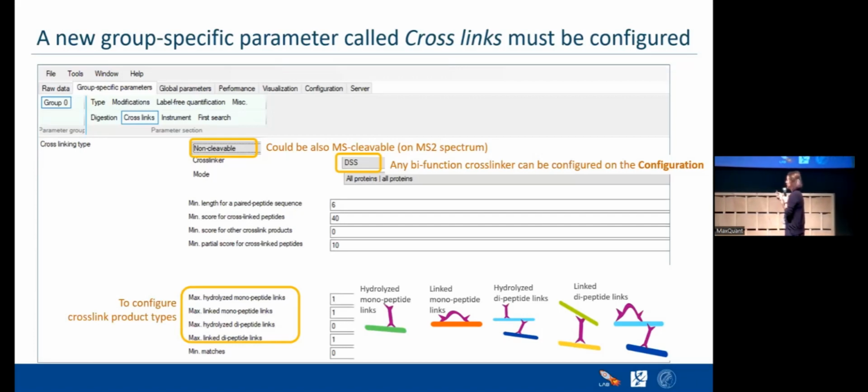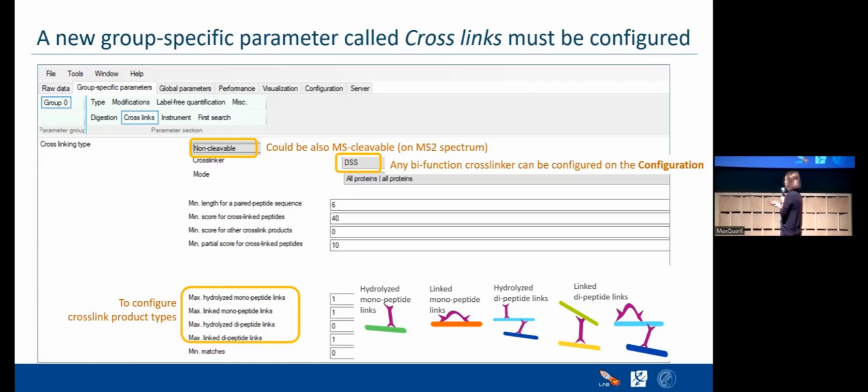And then we say that hydrolyzed monopeptide link is monopeptide because there is only 1 peptide. It's hydrolyzed because it's not linked and some part is missing. Some part is not reacted to the other peptide. And it's possible that this single peptide has a crosslinker like cyclic type, and if linked within itself, we call them link monopeptides.